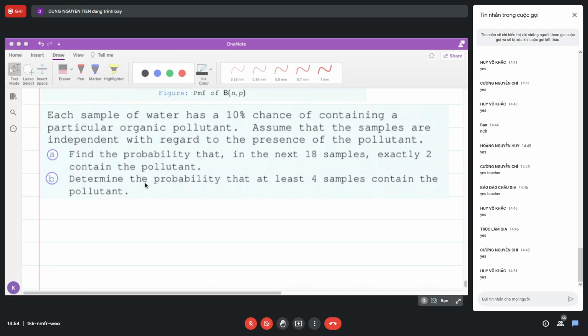Each sample of water has a 10% chance of containing a particular organic pollutant. Assume that the samples are independent with regard to the presence of the pollutant. Find the probability that in the next 18 samples, exactly 2 contain the pollutant.